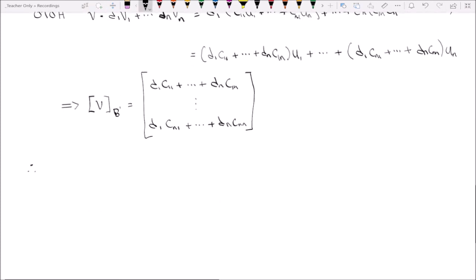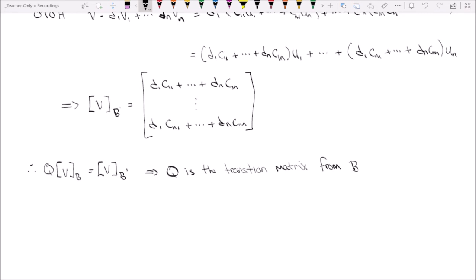So we can therefore conclude that Q times the coordinate vector of v with respect to B is equal to the coordinate vector of v with respect to B prime, which of course by definition means that Q is the transition matrix from B to B prime.